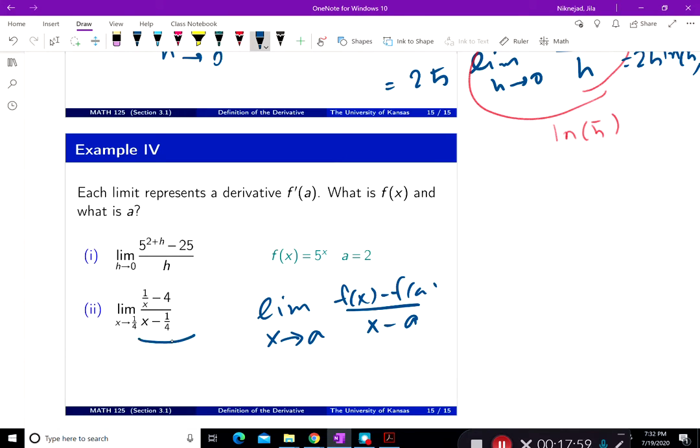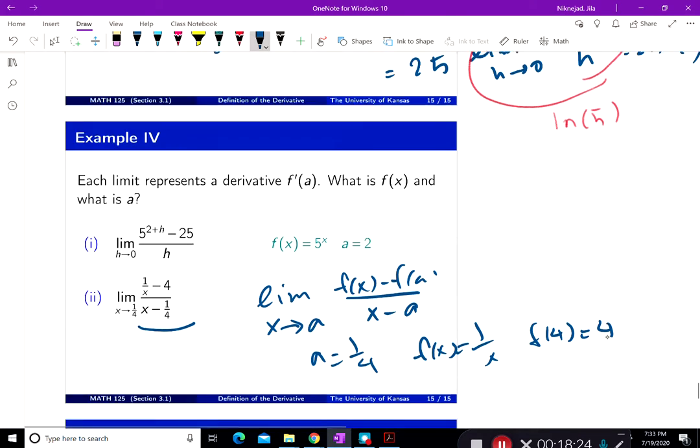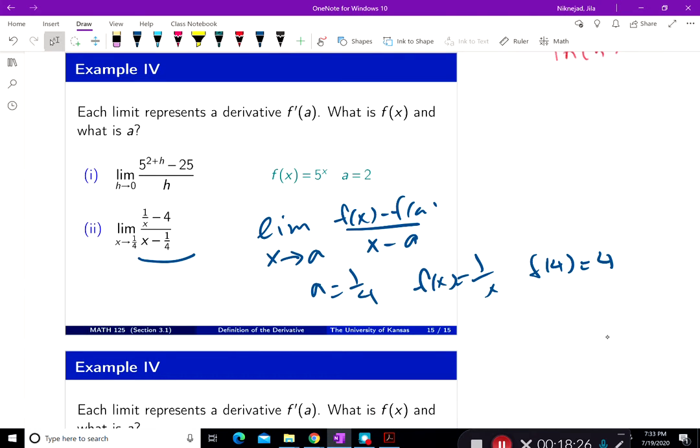So x approaching a means a is equal to 1/4. Then in the numerator, I see that f of x should be 1 over x. Does that fit f of a? Yes, f of 1/4 is going to be 1 over 1/4, which is 4.